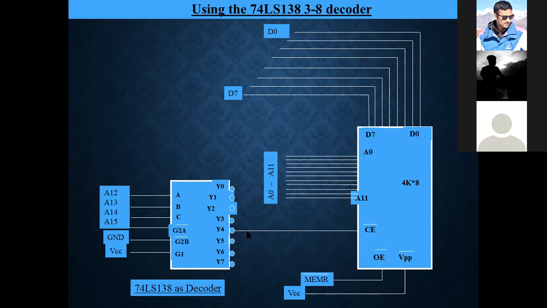All 0. And the maximum address will be what? All 1, because this is binary, either 0 or 1. 0 is minimum, 1 is maximum, right? So all 0 to all 1. So we are just converting it to its equivalent hexadecimal numbers. Clear? Now it is clear. Yes, sir.